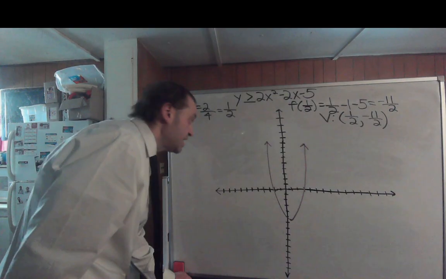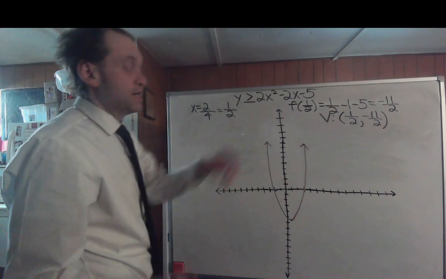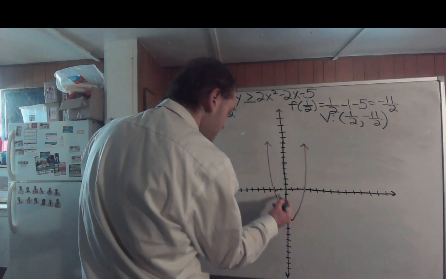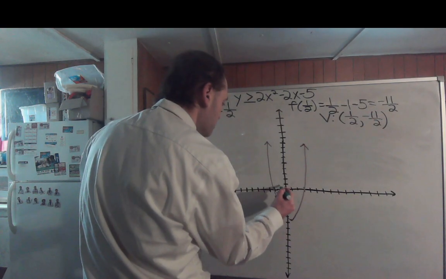Now, we have to shade the region where y is greater than or equal to 2x squared minus 2x minus 5. That's going to be everything above the parabola. So again, this isn't too bad because it's inside the parabola where we're shading.